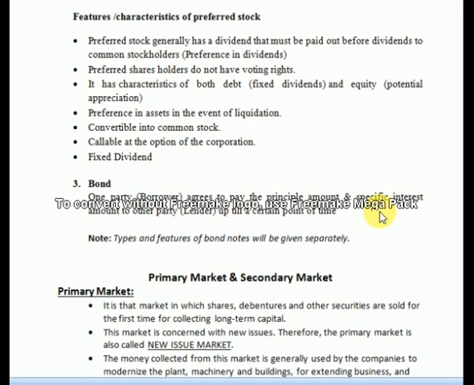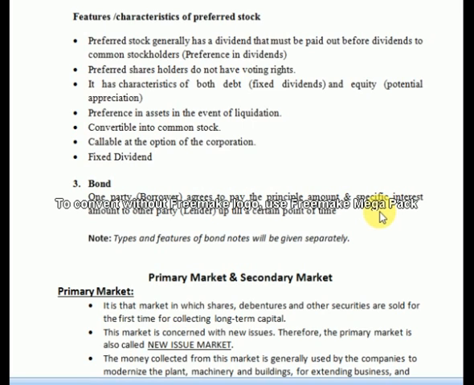Governments, corporations, they are issuing the bonds in order to borrow money and to satisfy their long-term needs for funds. Now the question comes to mind: why do governments issue bonds?